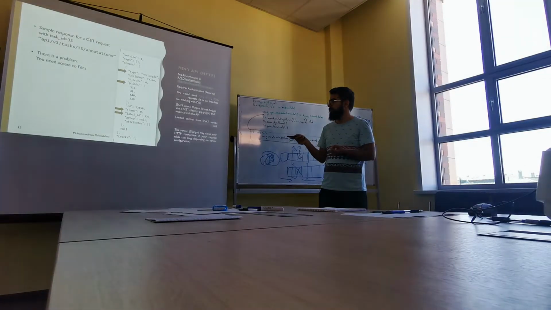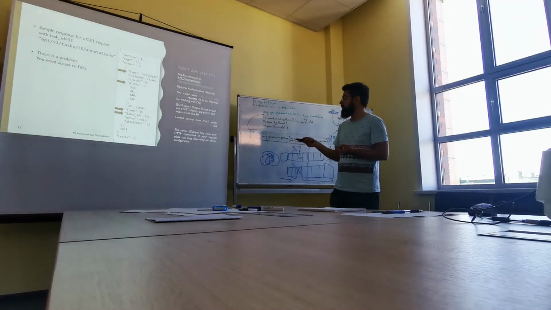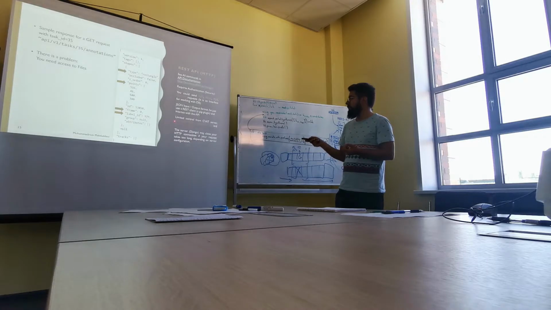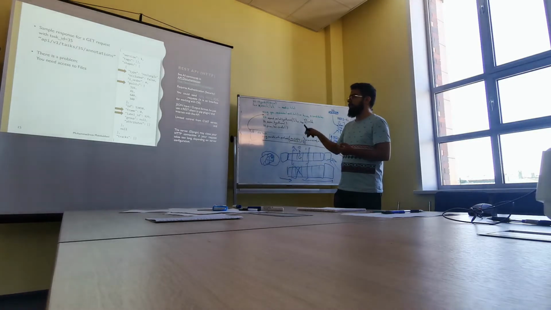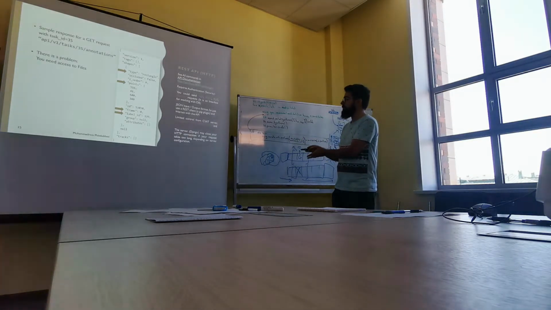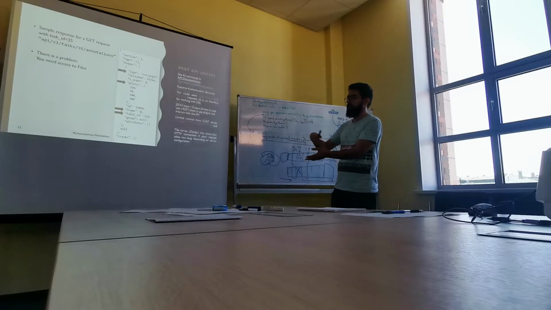So if you remember, I said that we need to map these values. It's not controlled from CVAT. You have no control from CVAT. It's controlled from the client. The client can send a request whenever it wants.